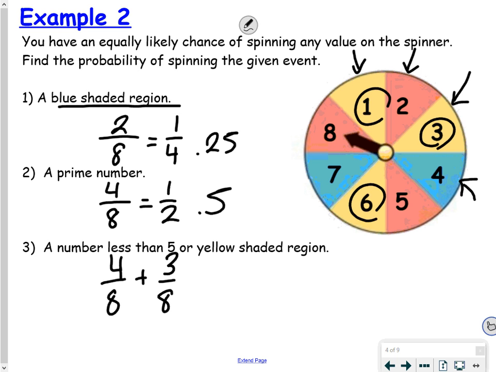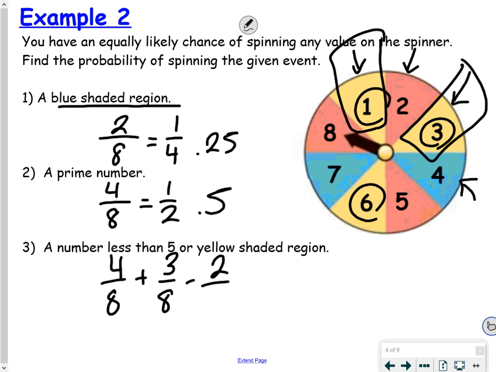So we could add those together. But in this event, notice we have 2 outcomes that we've counted twice. So we have to take those into consideration. Since we've counted those twice, we have to subtract the amount of times we've double counted those events.